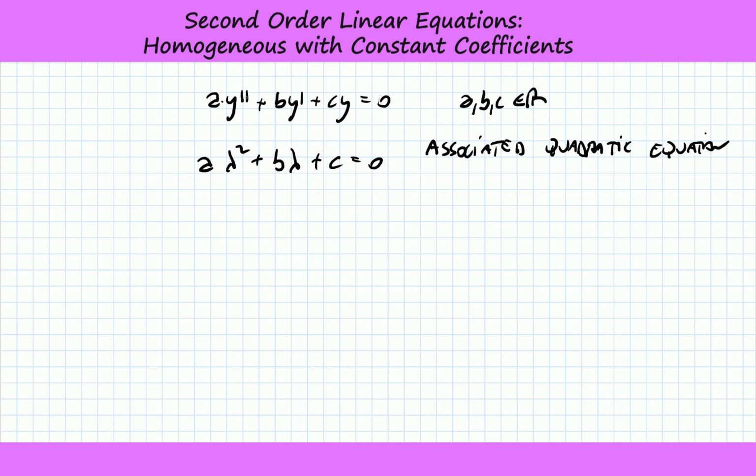So y double prime becomes lambda squared, y prime becomes lambda to the first power, and y becomes constant because y has no derivatives. In some sense, this is the 0th order derivative, which means here you have lambda to the 0, which is just 1. So you just replace those, and you keep the same coefficients a, b, and c.